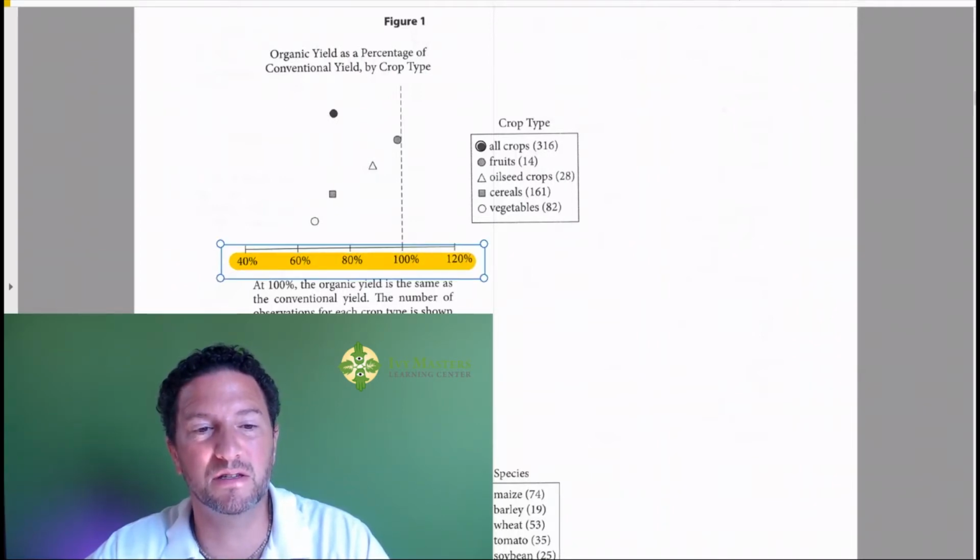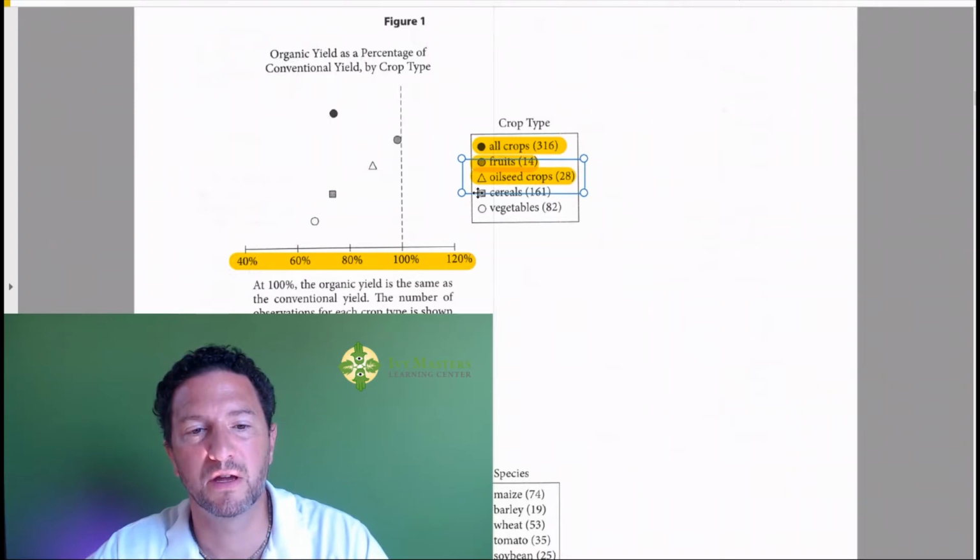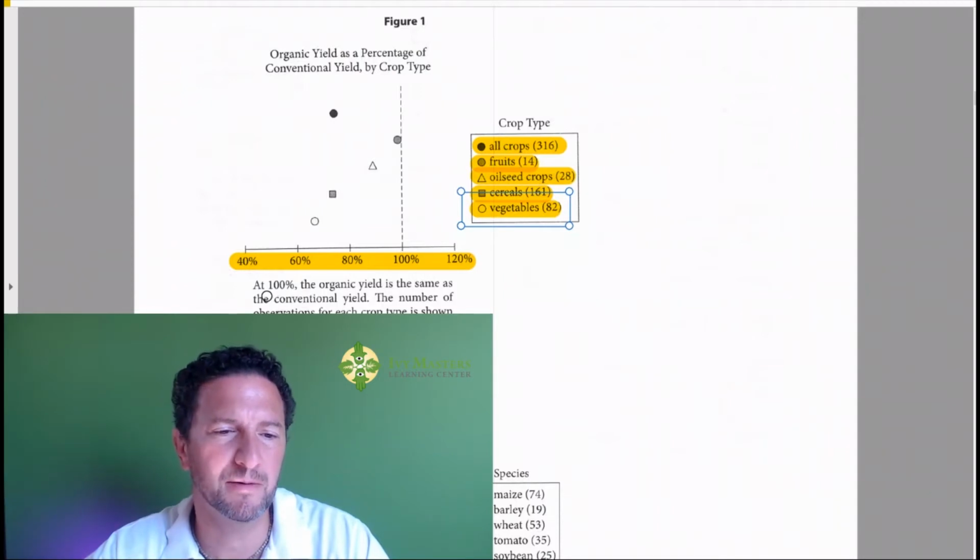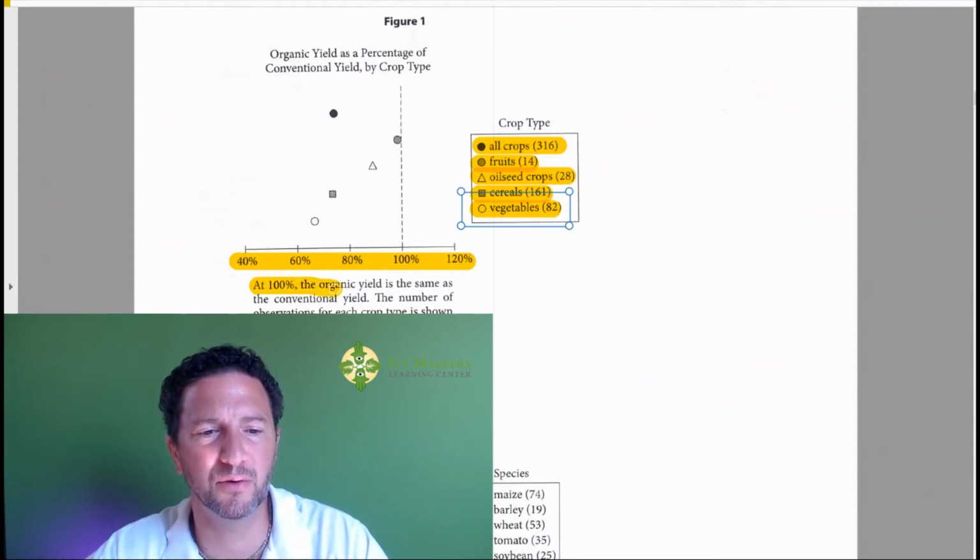And what you see is the black dot is all crops, the gray dot is fruits, open triangles, oilseed crops, closed square, gray square, cereals, open circles, vegetables. And at the bottom it says, at 100%, organic yield is the same as the conventional yield. The number of observations for each crop type is shown in parentheses.